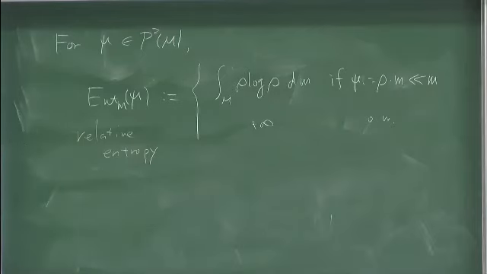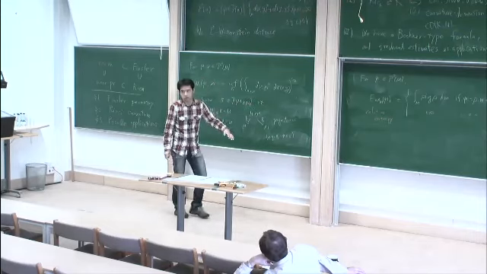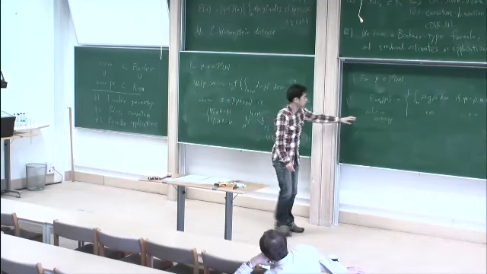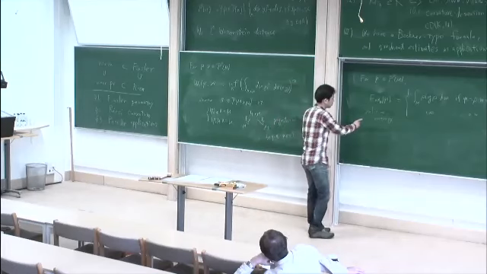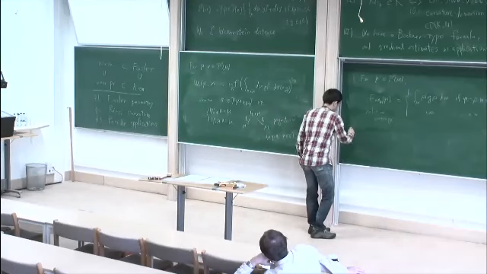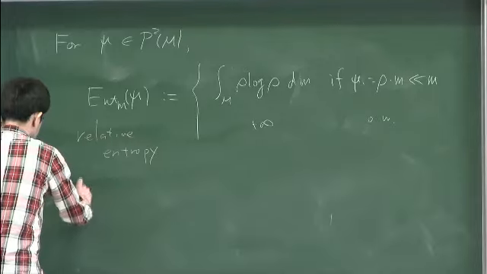So if the measure evolves along the heat flow, then this entropy will decrease, because this has a different sign from the Boltzmann entropy.